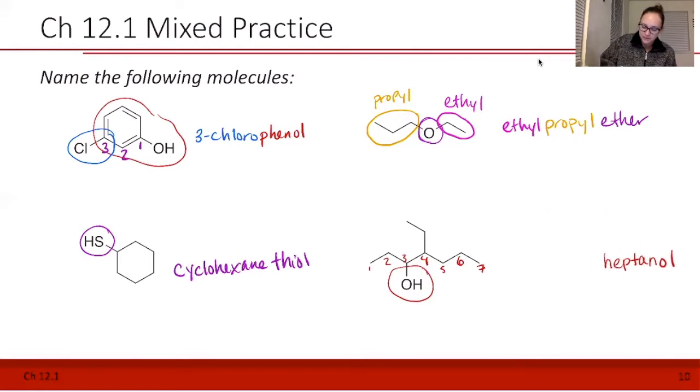We're going to say the placement of that alcohol now, which is at number 3. So all we're saying right now is that we have an alcohol at carbon number 3 on a 7-membered chain. And then we're going to add in our substituent. So at the 4 position, we have an ethyl. So 4-ethyl 3-heptanol is the answer.